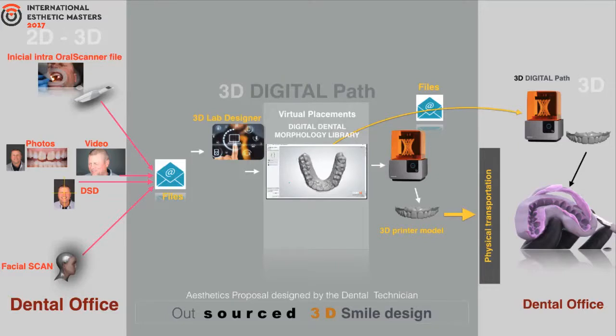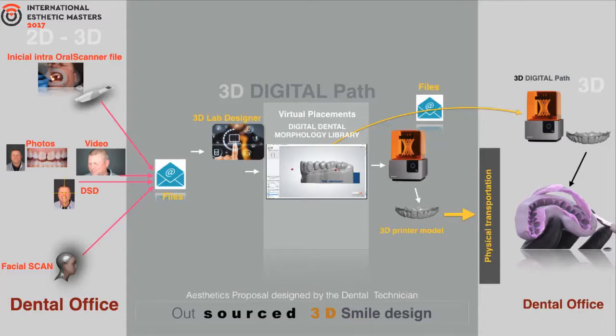In this video, we see how we use the 3D scan file and how the tech positions the new digital morphology over the patient's natural dentition. Then he places the 3D scan file with the new morphology into the 2D frontal facial photos.